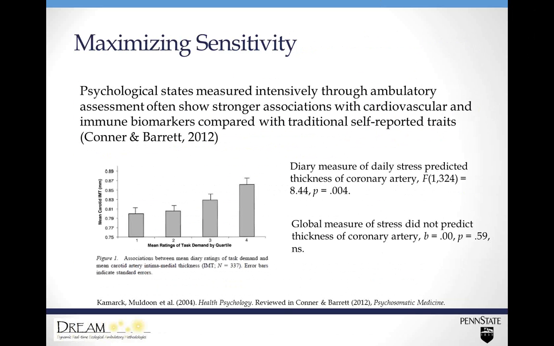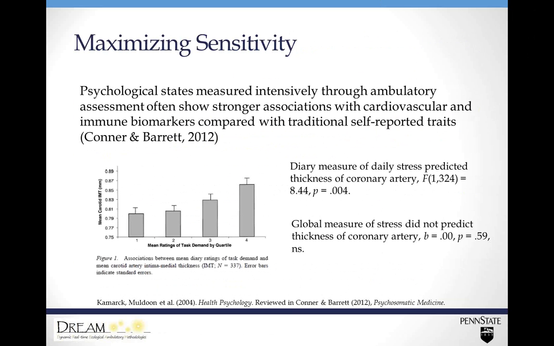I reviewed studies, for example, by Tom Kamarck in 2004, where he showed that stress assessed using a daily diary measure of daily stress was associated with the thickness of coronary arteries.